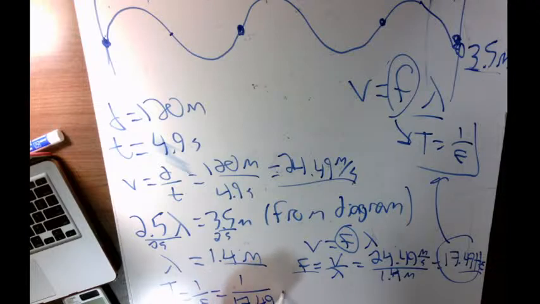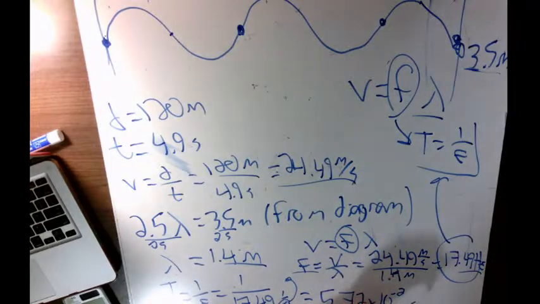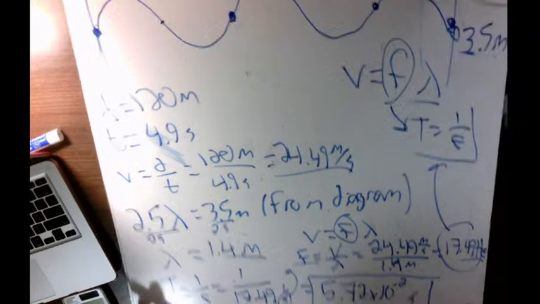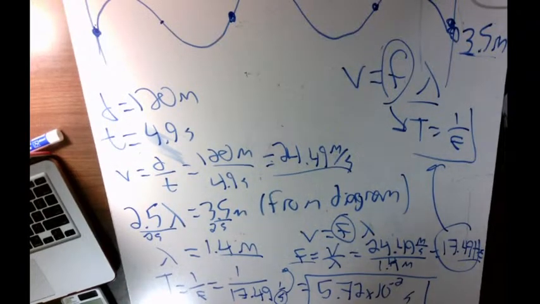And hertz we can convert to 1 over seconds to see that our units will come out as seconds, which is what period should be in. So we get 5.72 times 10 to the negative 2 seconds per cycle, which is our period and what the question was asking us for.